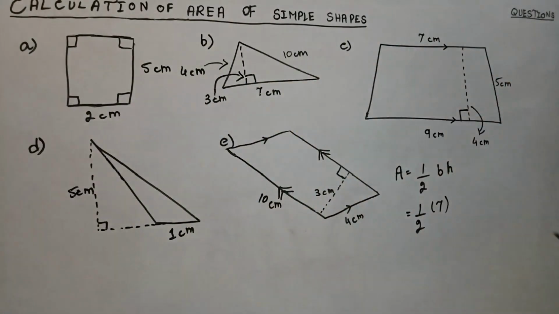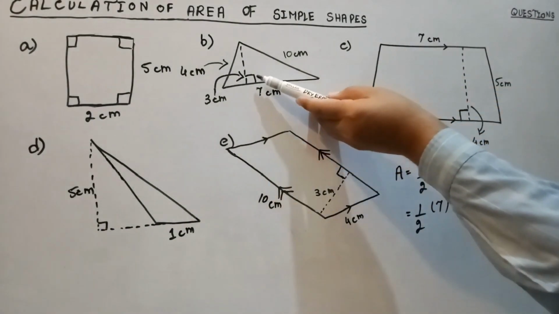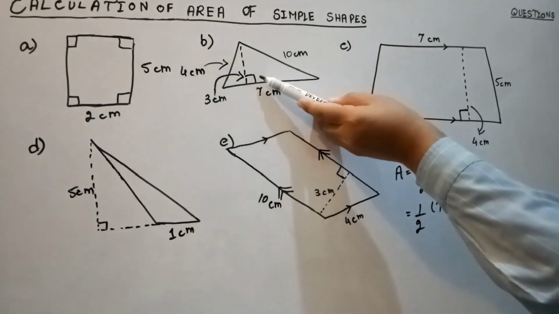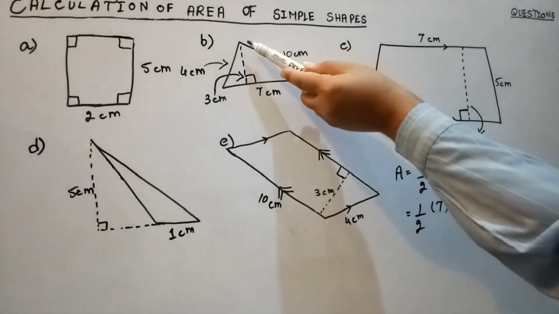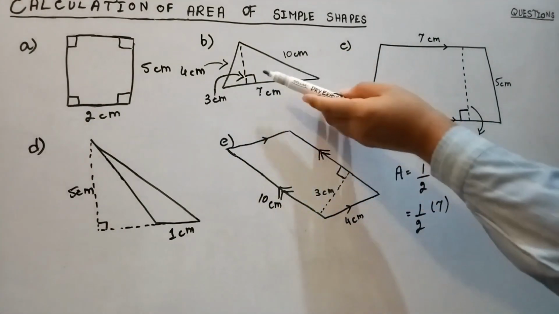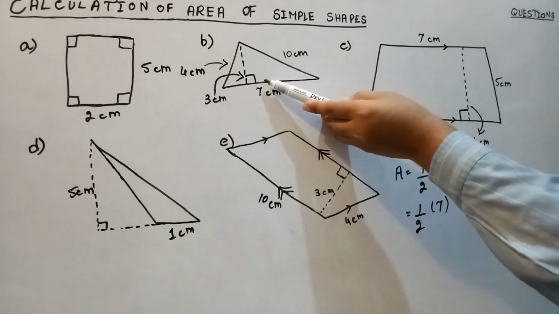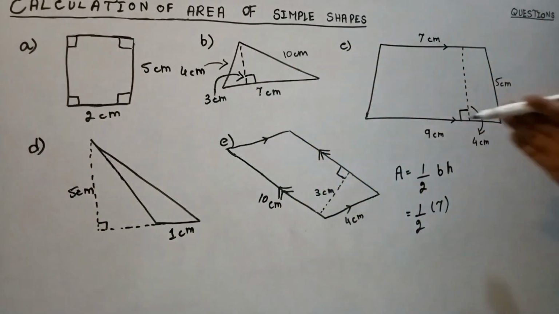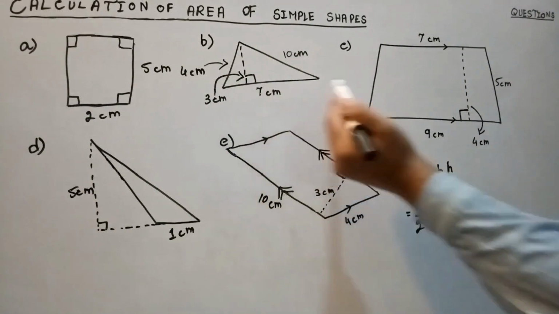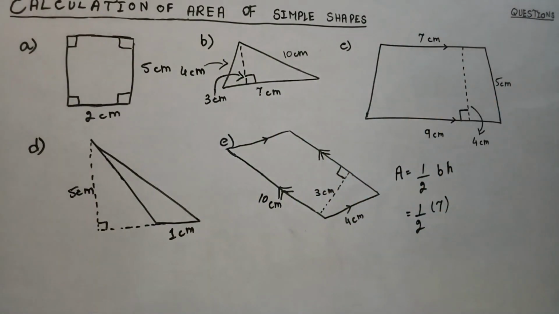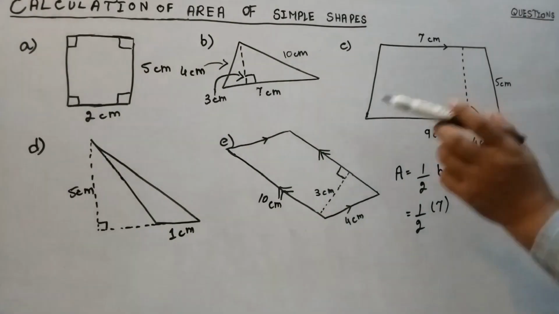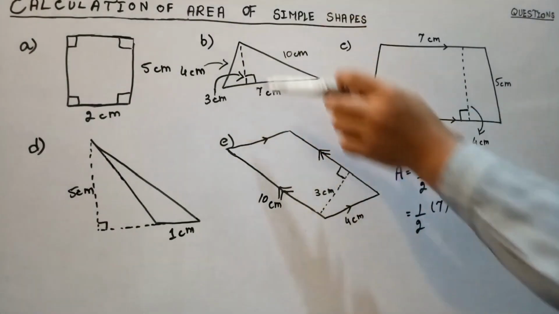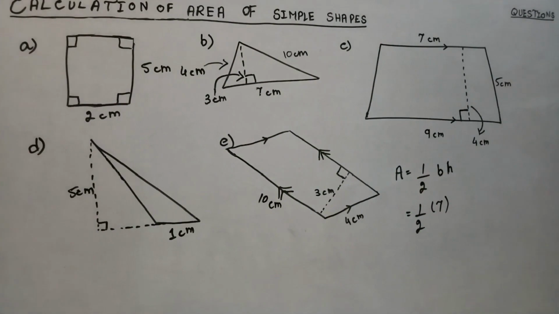Neither of them is the height, because it is not a perpendicular distance. Perpendicular means we should have 90 degrees. If I draw a straight line from the top corner to the base and we get 90 degrees with respect to the base, then this distance from the top corner to the base is our height.